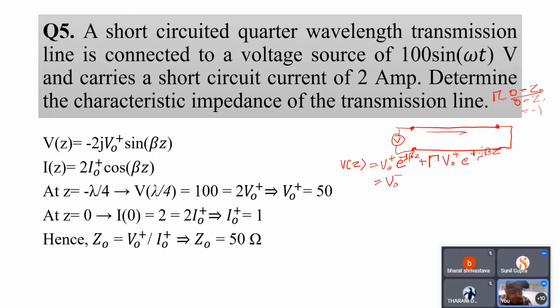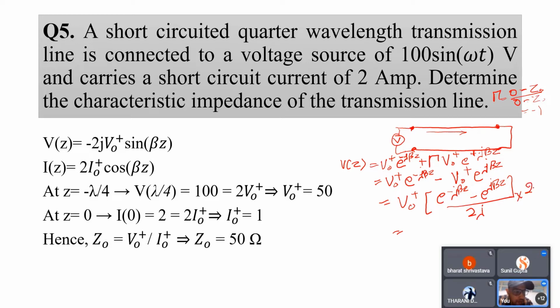This is defined as V naught plus e raised to the power minus j beta Z minus V naught plus e raised to the power j beta Z. So you can take V naught plus common. This will be e raised to the power minus j beta Z minus e raised to the power j beta Z. Okay, so you can divide and multiply by the term 2j in both numerator as well as denominator.